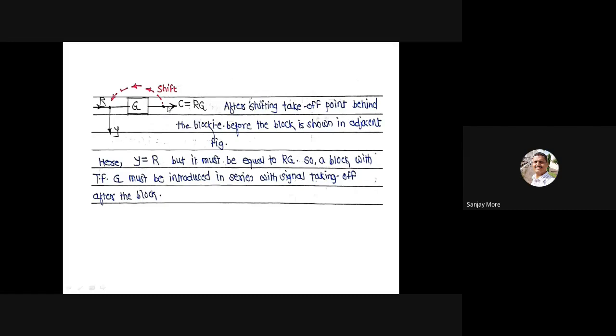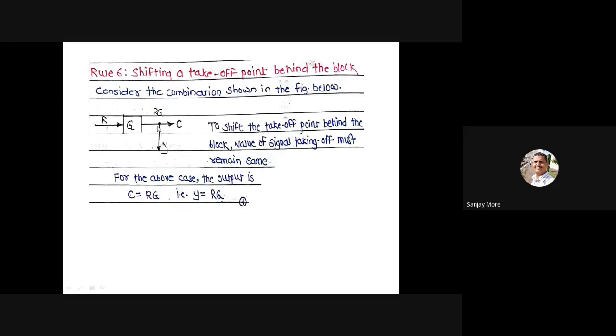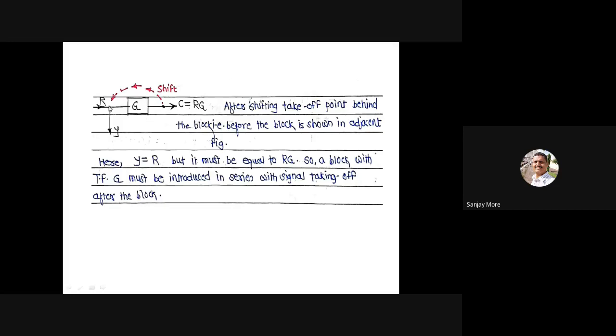Then this takeoff point is shifted here, where Y is equal to R, but it must be equal to RG. So a block with transfer function G must be introduced in series with the signal taking off after the block.